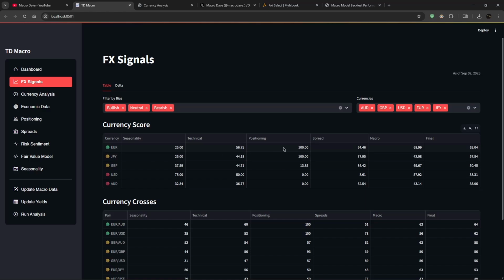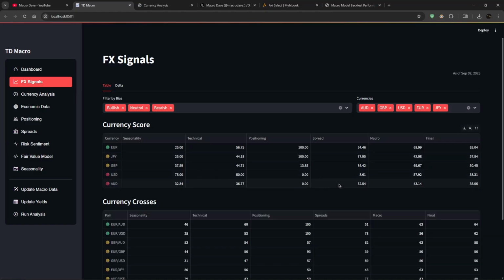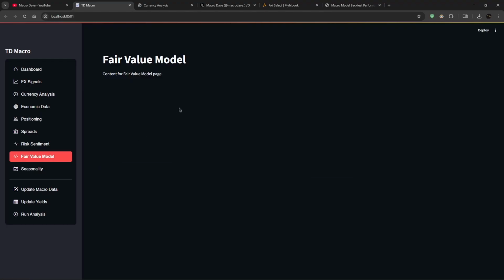So if these are saying that a currency should be bullish, but it's actually bearish, this means that the currency is undervalued, and this fair value model will reflect this. And if the system is giving a bearish reading, but the currency is going up, the fair value model will reflect that this currency is currently overvalued. So that is essentially what this model will do.